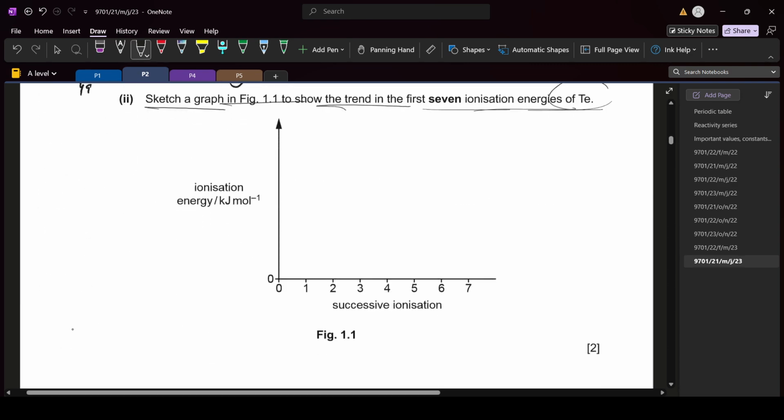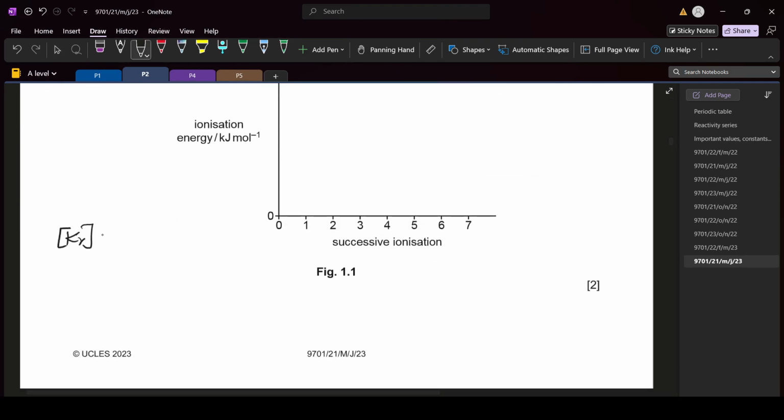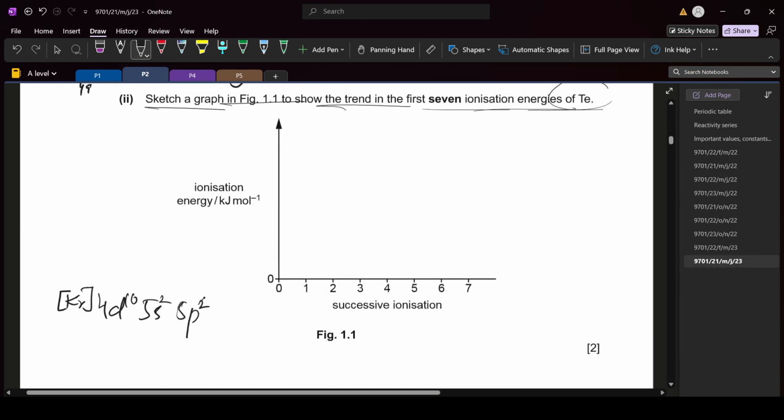It's krypton, then 4d10, then 5s2 5p4. So the first four electrons will be removed from this 5p4 subshell.